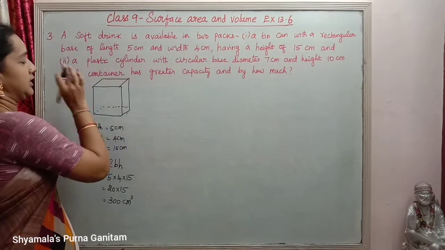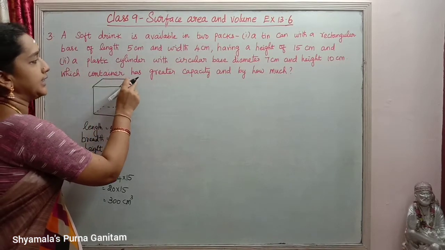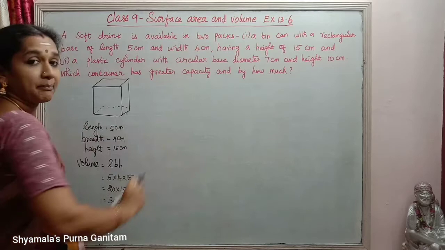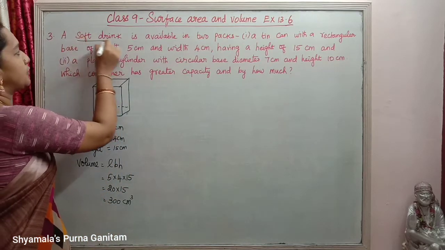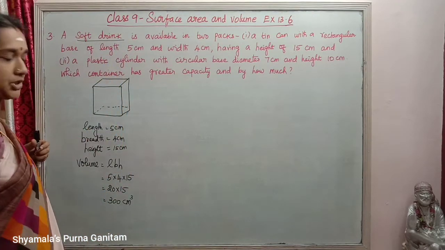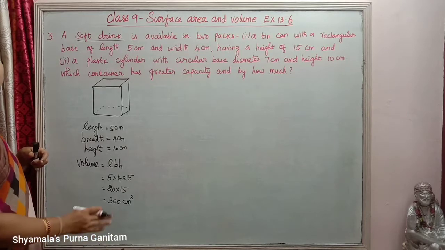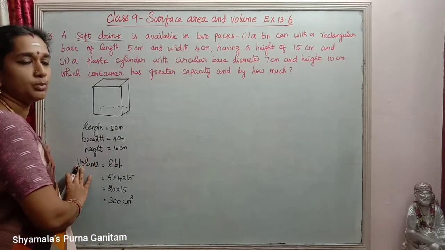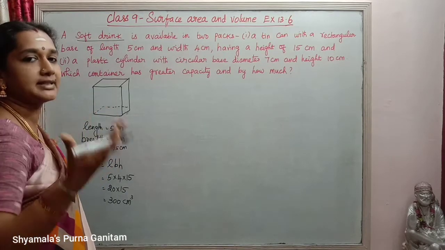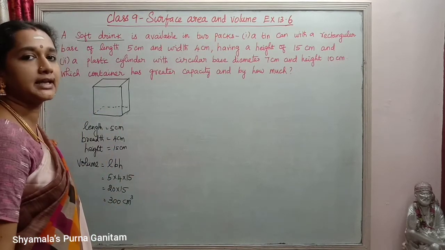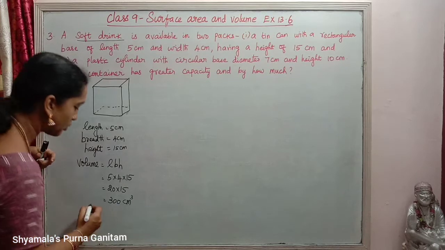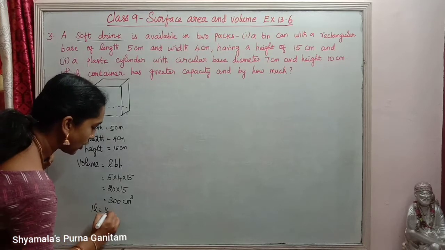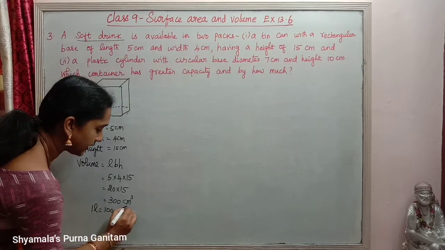The question asks which container has greater capacity. This is a soft drink, so it will be in liquid measures. This is given in volume, so we will convert that to the capacity measures, that is, in liters. 1 liter is equal to 1000 centimeter cube.